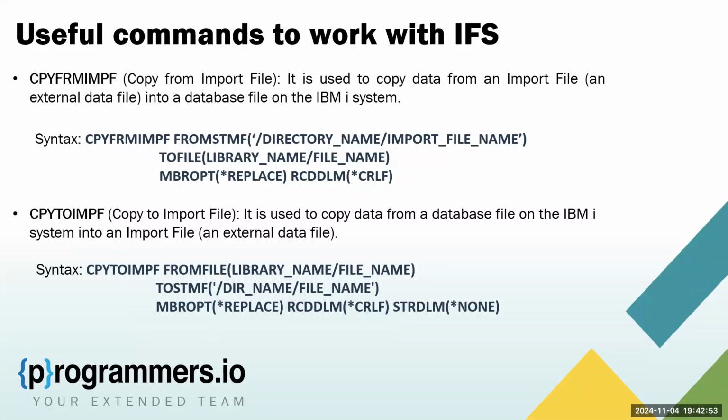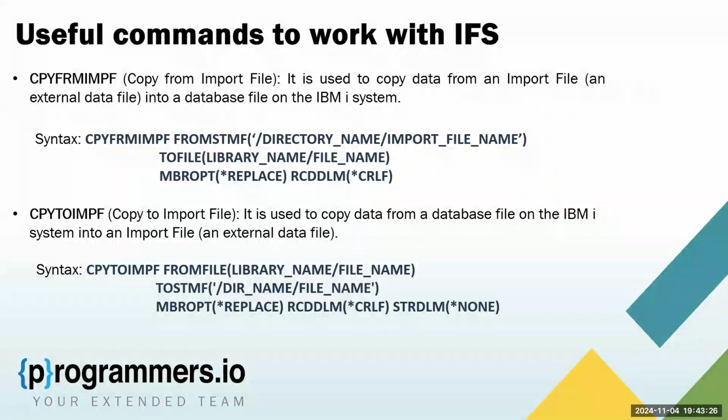Here, import file basically represents the external files which are mainly used for copying data between different types of databases, like CSV, PDF, text files. These are some of the examples. So using the copy from IMPF command, we can copy data in an import file to a database file. And here, database file represents the physical or logical files that are created in your IBM i system.